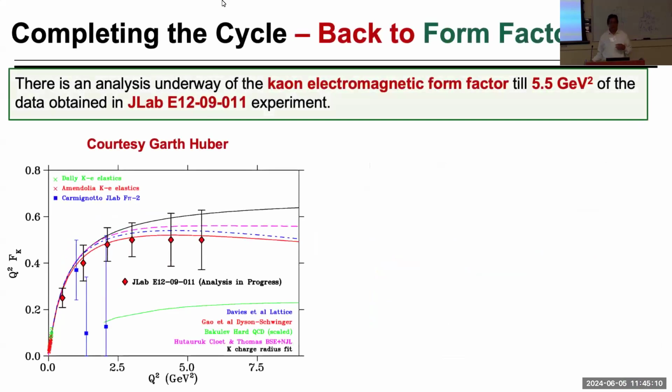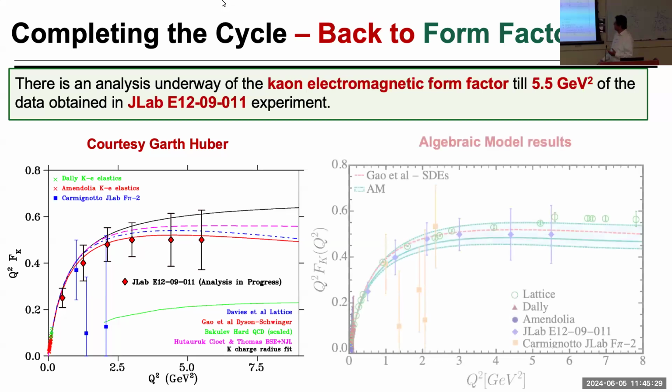I was telling you that data are currently being analyzed at JLab for the kaon form factor, and this is the preliminary result of this experiment, courtesy of Garth Huber, who provided it to us. When we did this computation, we didn't have these results, so we didn't use them in any way in our analysis.